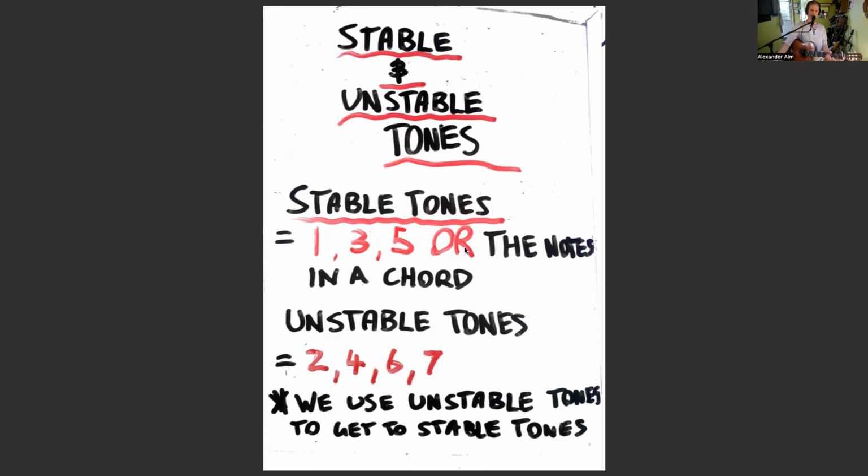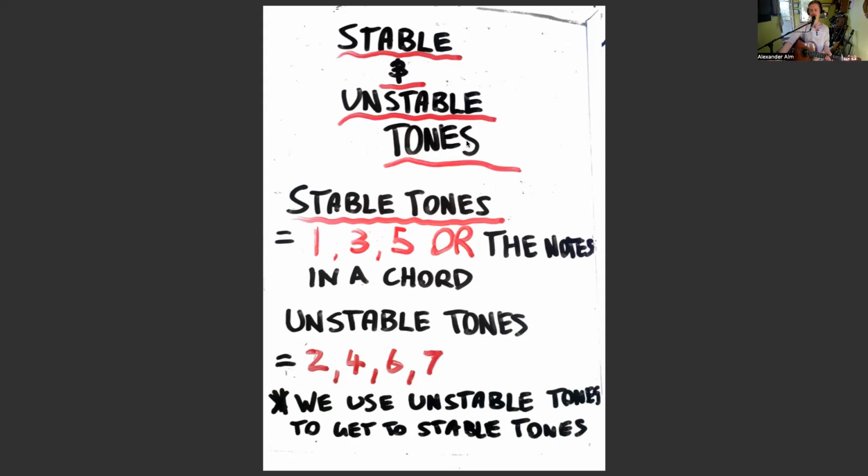Now, there are certain notes that will sound more desirable than others depending on the mood that we're trying to convey. One way of describing a melody is that it's built up of stable and unstable tones, okay? Unstable tones create interest, they create friction, and they guide us to stable tones, which create a feeling of peace and resolution.